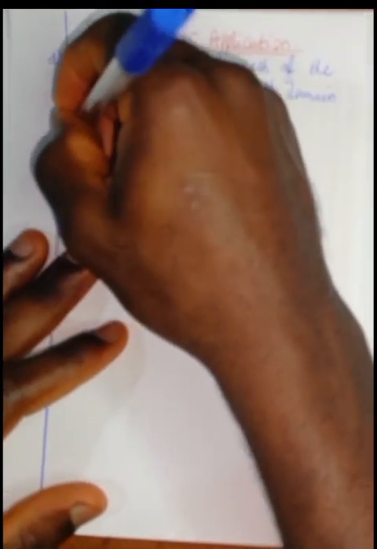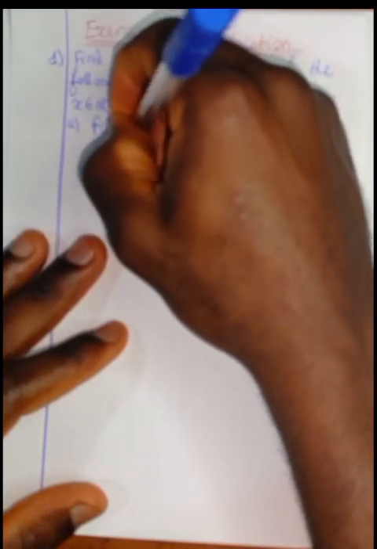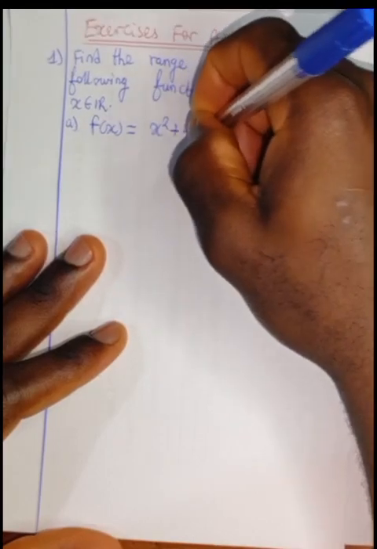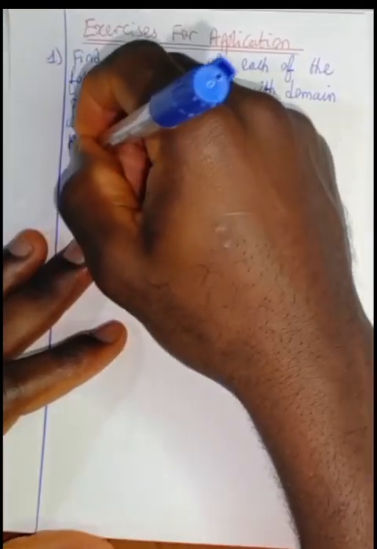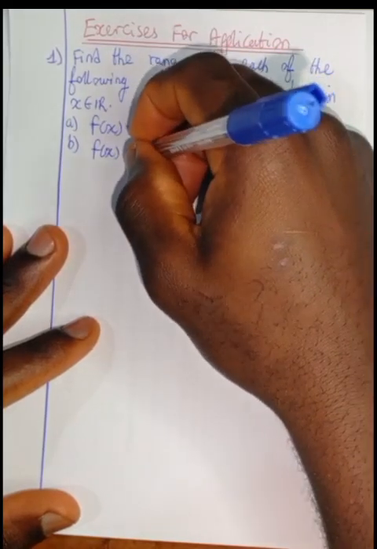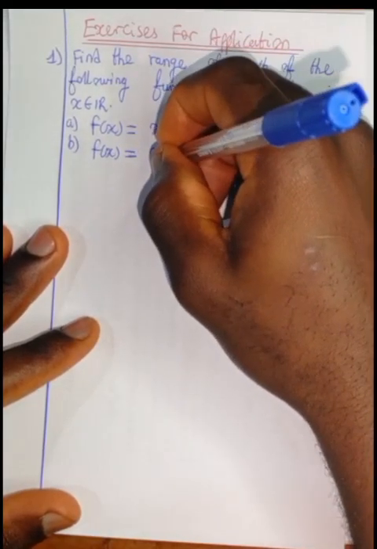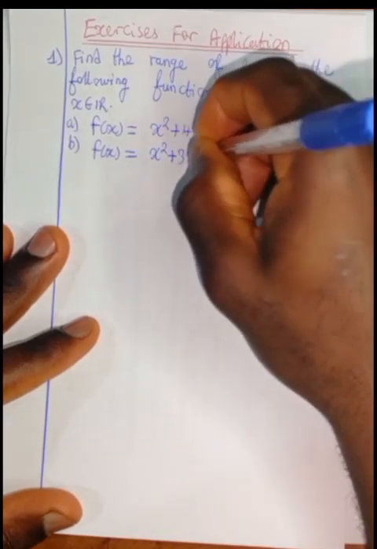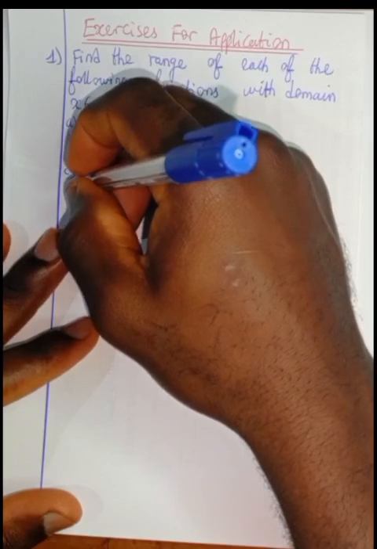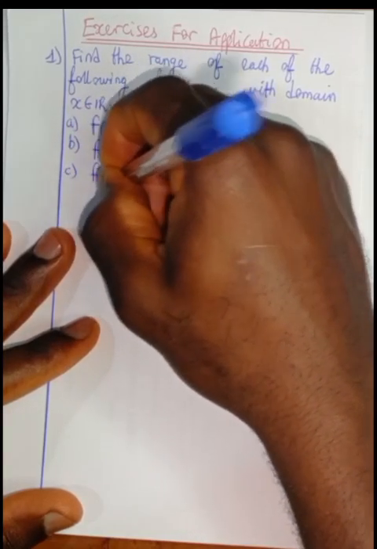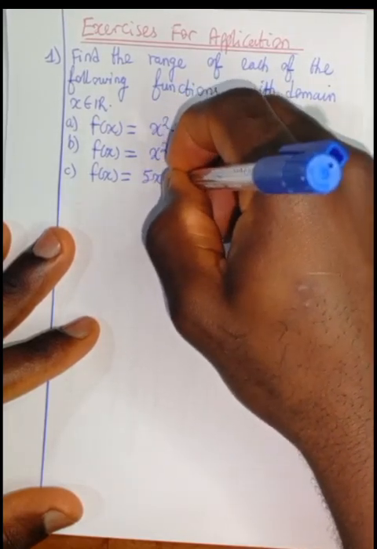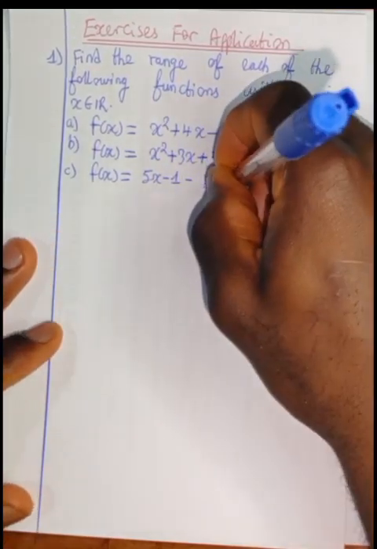For the first one, A, we have the function f of x is equal to x squared plus 4x minus 2. Question B, we have the function f of x is equal to x squared plus 3x plus 5. C, we have the function f of x is equal to 5x minus 1 minus 2x squared.